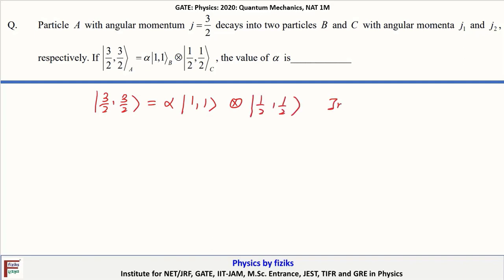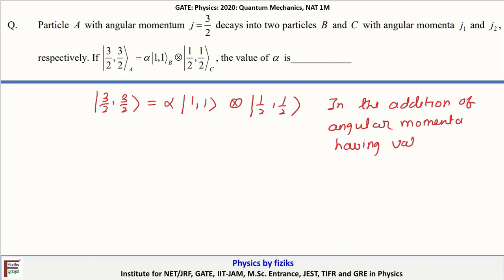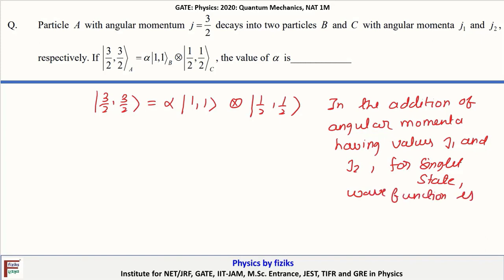In the addition of angular momenta having values J1 and J2 for a singlet state, the wave function is represented by the Clebsch-Gordan coefficients, where we write the wave functions of particles.